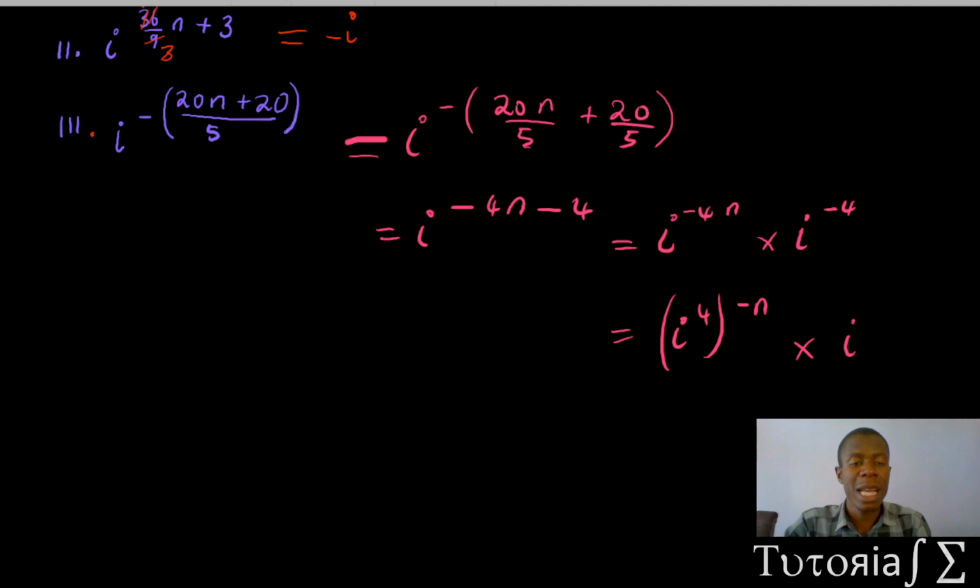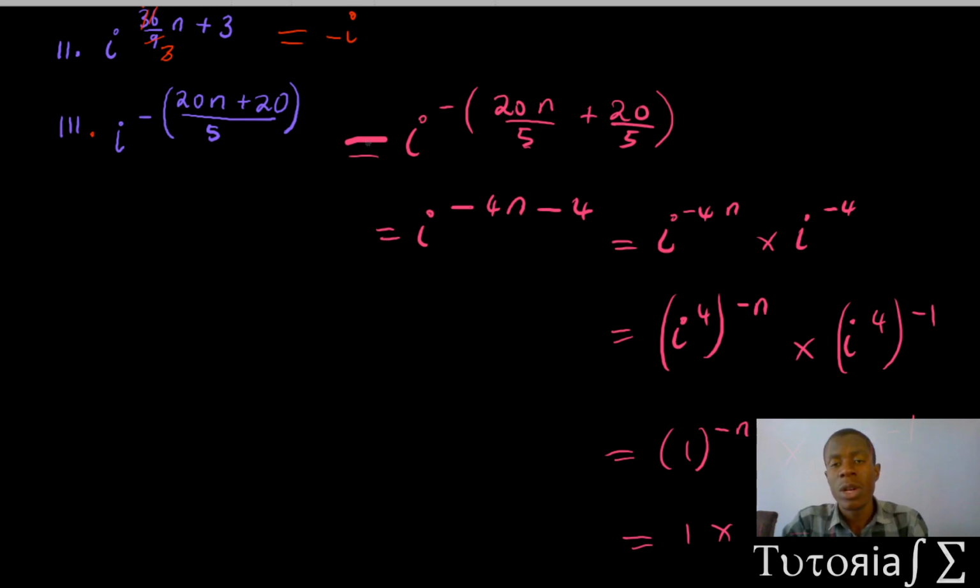This can also be written as i to the power 4 times -1, which is -4. i to the power 4 is 1, so 1 to the power -n times 1 to the power -1. 1 to the power any number is 1, so this is 1 times 1, which is just 1. So this simplifies to 1.